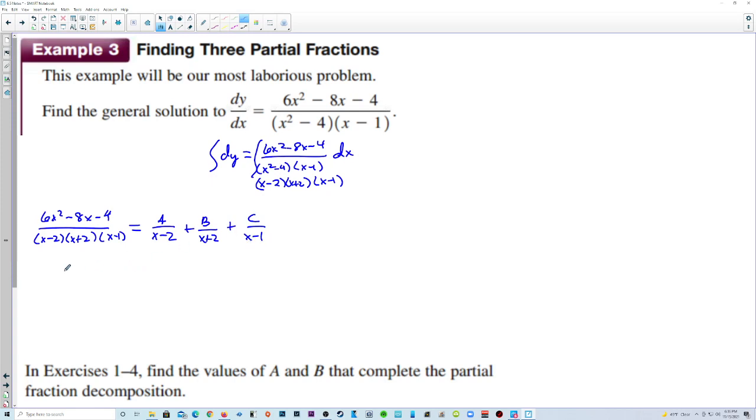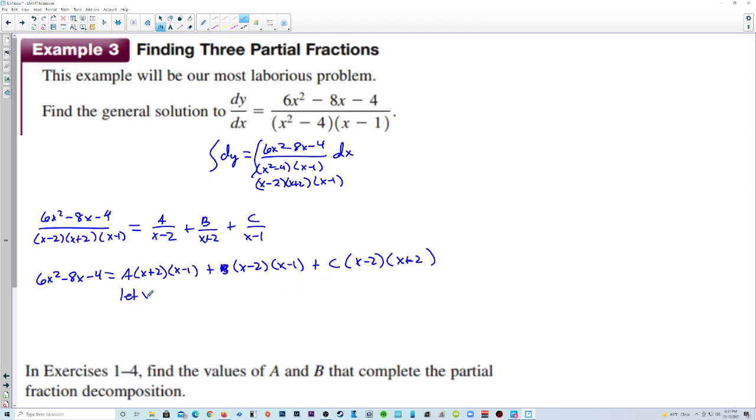Well, let's get the common denominator. We have 6x squared minus 8x minus 4 is equal to a times x plus 2 times x minus 1 plus b times x minus 2 times x minus 1 plus c times x minus 2 and x plus 2.